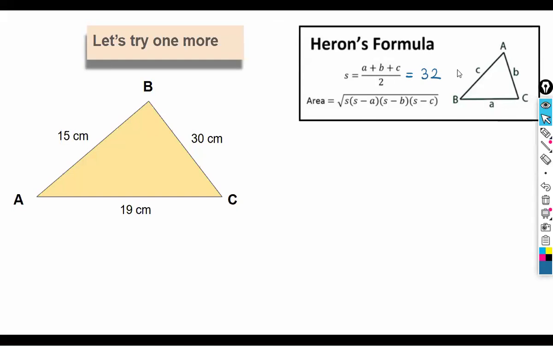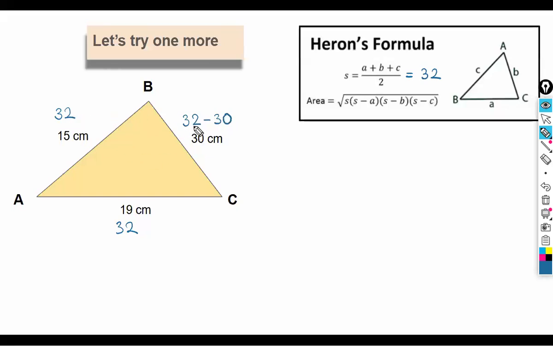Great. So what's going to happen now, right? Is that 32 is going to visit all three sides. So the 32 is going to visit here, 32 is going to visit here, 32 is going to visit here. But when it visits its side, the length of that particular side gets minused from it.